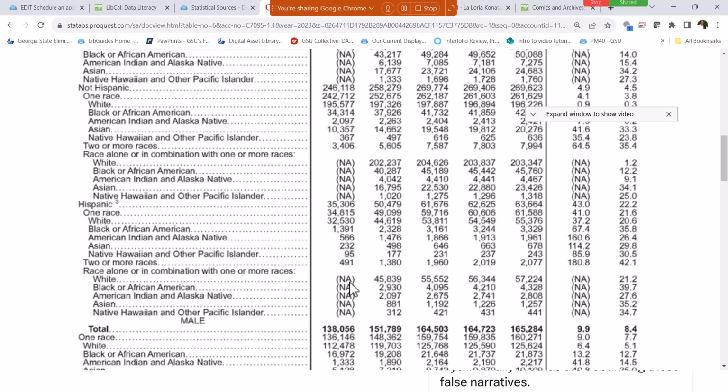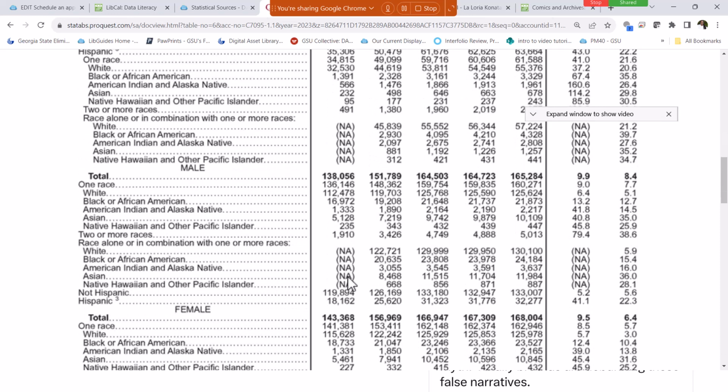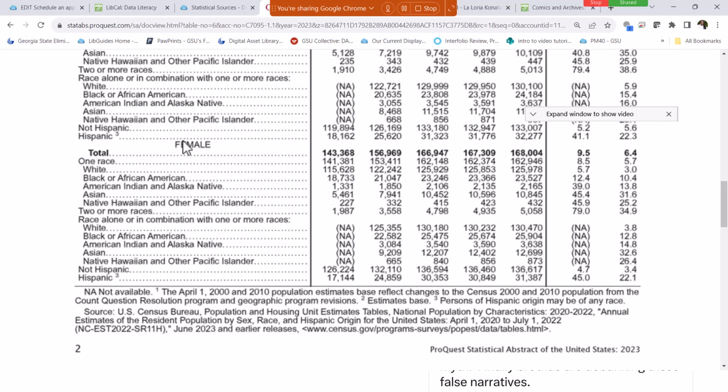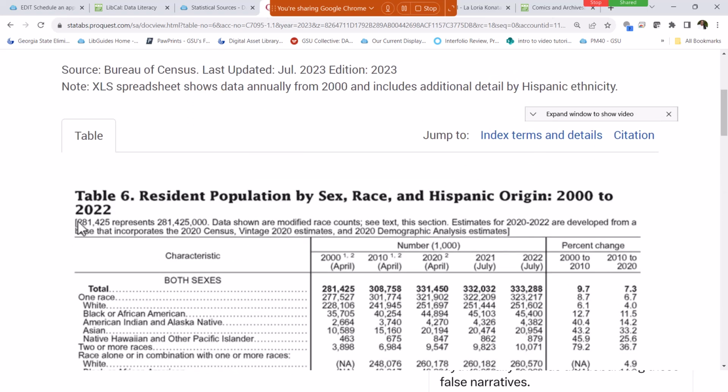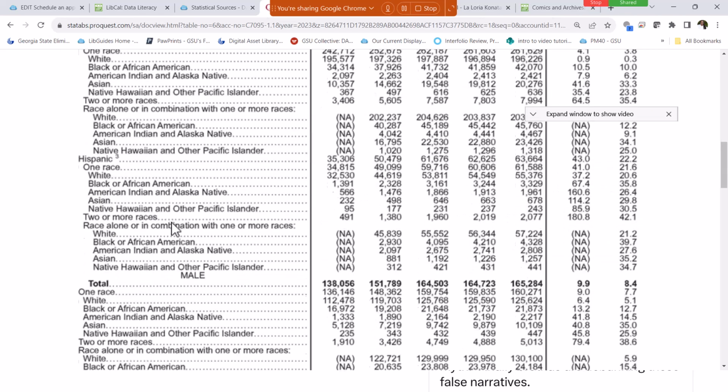So let's see. Population. Okay, so females, one race, Black women. We can come all the way over here. Now, even if this number did just represent 23,000, we know that the point he was trying to make in that post was wrong. But here again, I think you have to add a couple more zeros to each of these numbers.